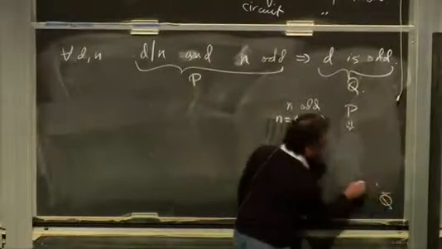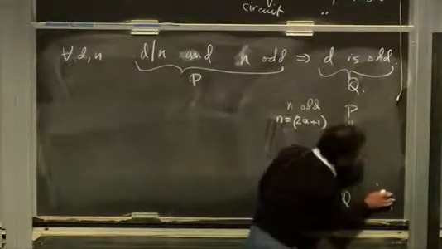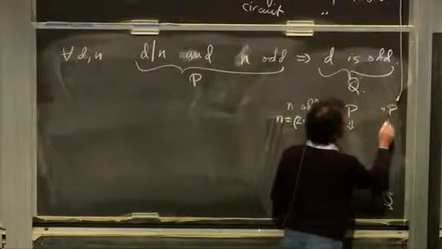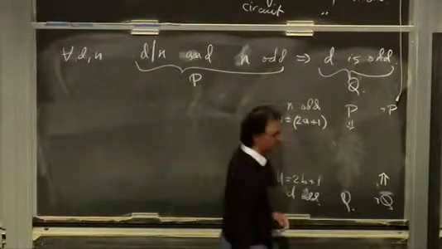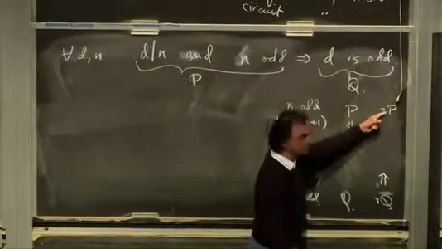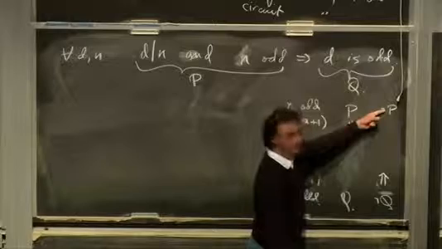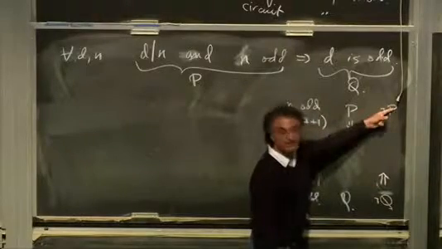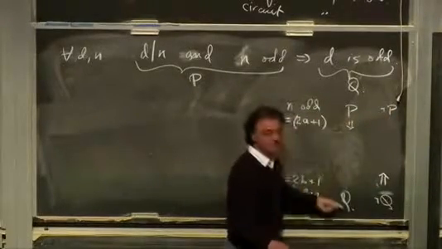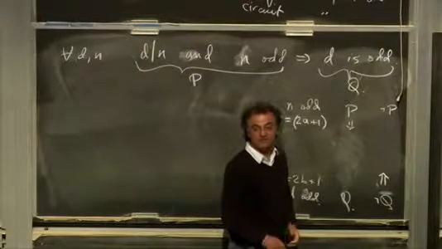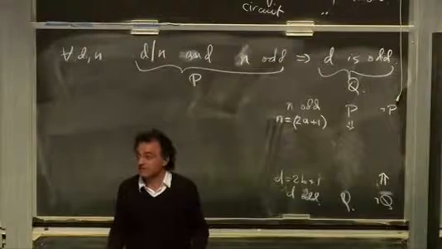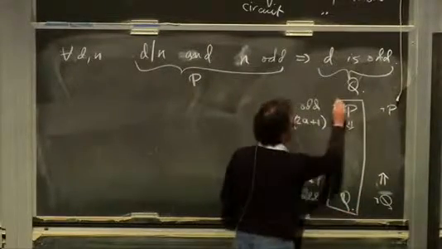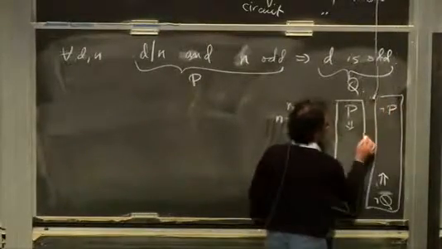Start from not Q and try to get to not P. If you can find a path from not Q to not P, then you'd have proved not Q implies not P. Remember we showed last time not Q implies not P is exactly the same statement as P implies Q. It means exactly the same thing. So if you're proving this, you may as well prove that. So this and this achieve exactly the same thing.